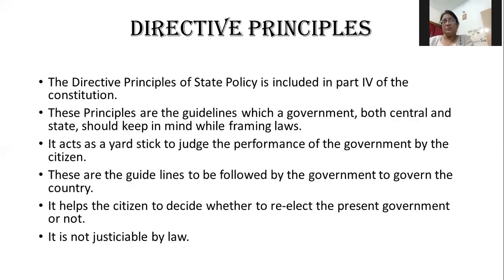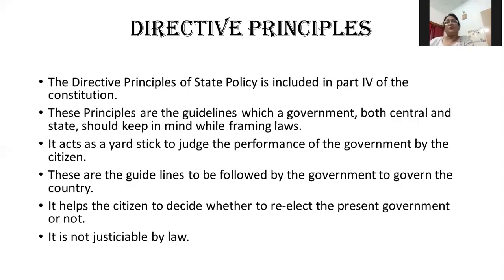Because the directive principles help you know that these are the things which the government should do, this is the work which a government should do. So in 5 years when we elect a government, we see whether the elected government has been able to perform that work or not. If the government has worked properly, next election we re-elect them. But if the government has not performed properly, we give the vote to another government.